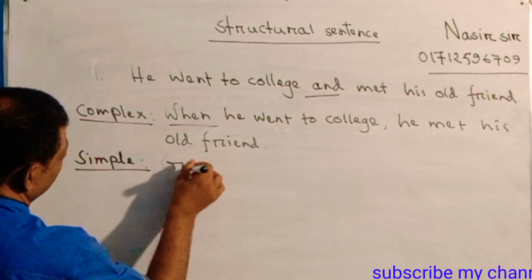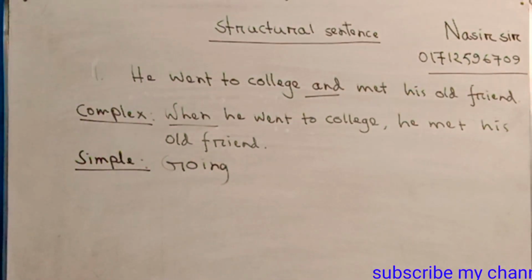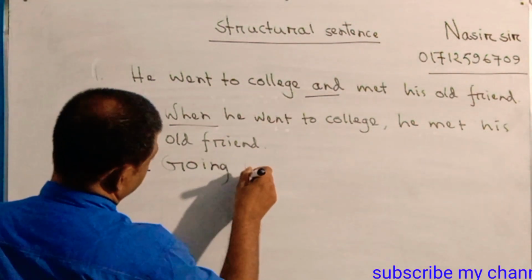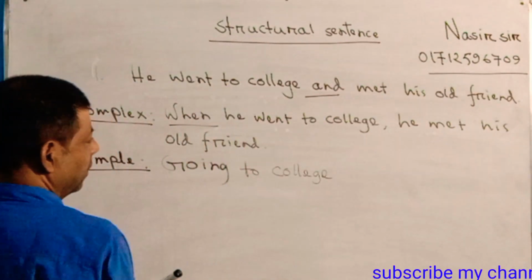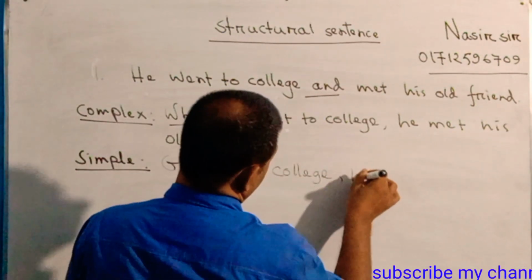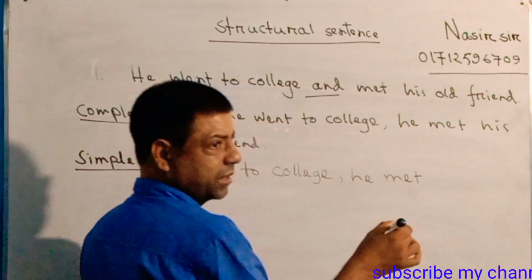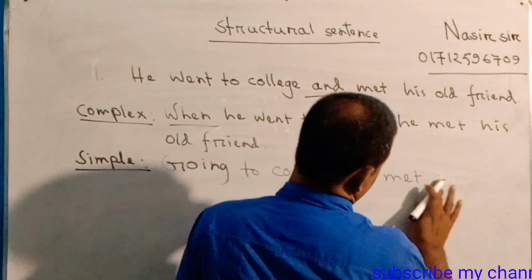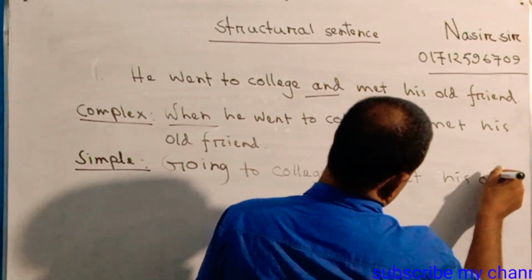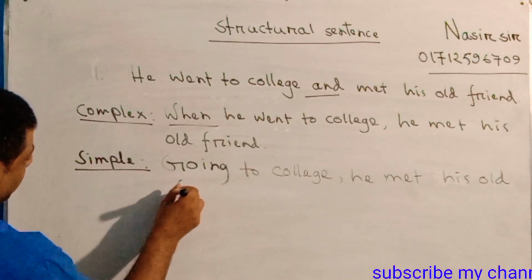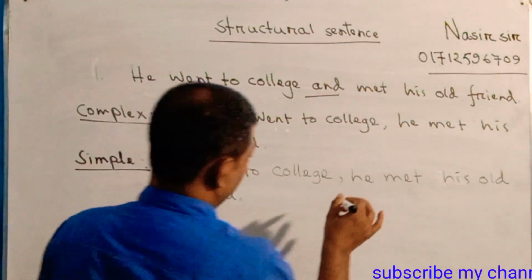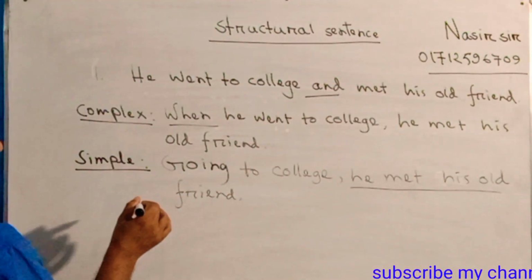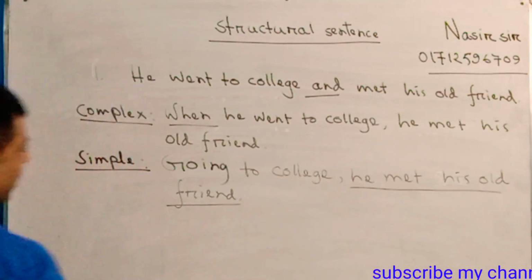Going to college, he met his old friend. Here is only one subject. There is nothing necessary of the first sentence because both the subjects are the same.